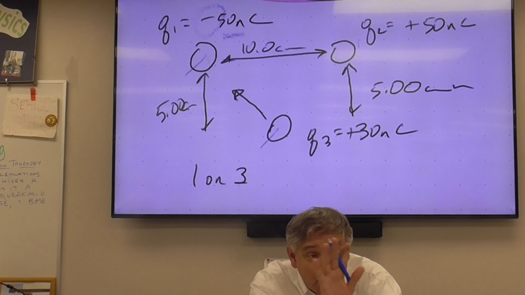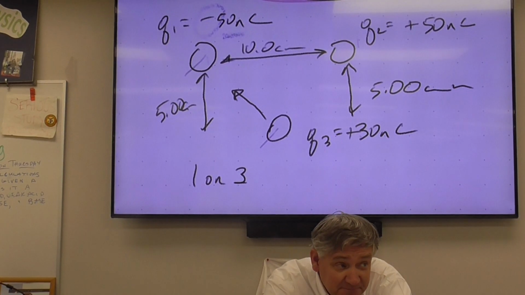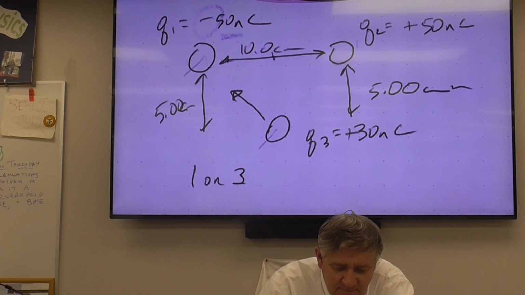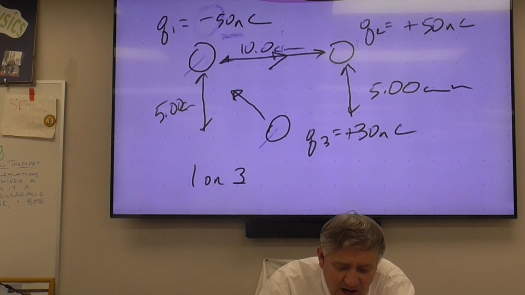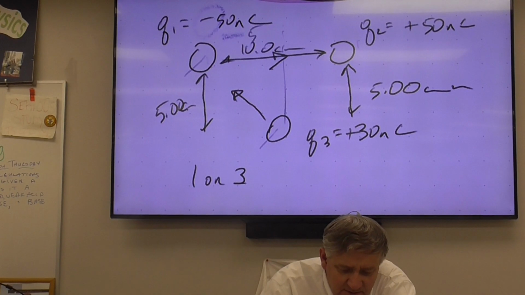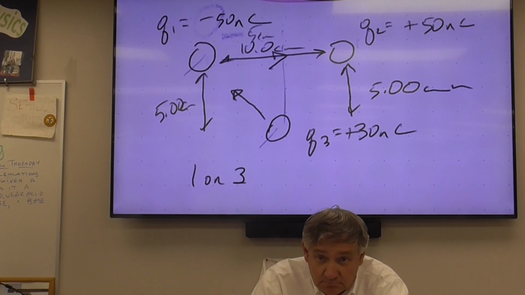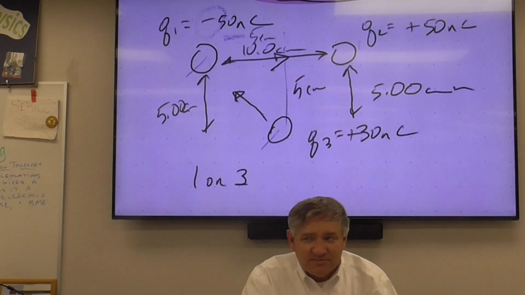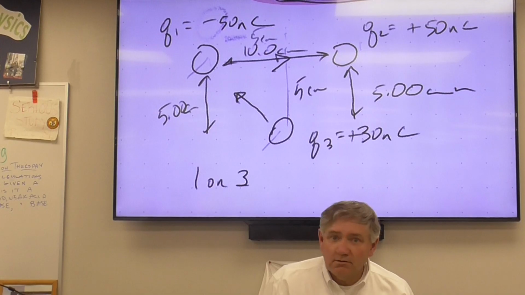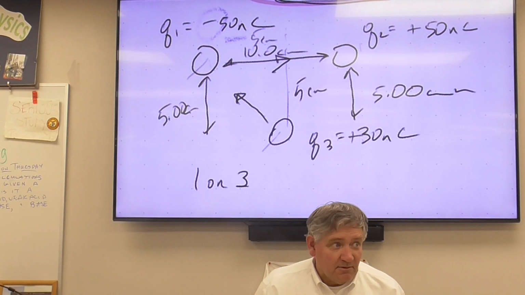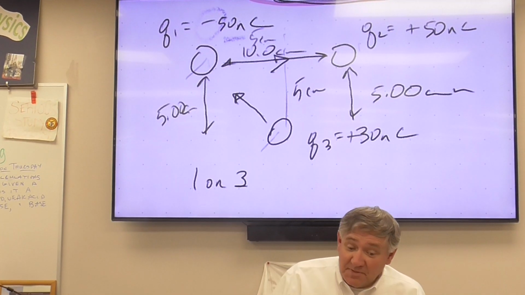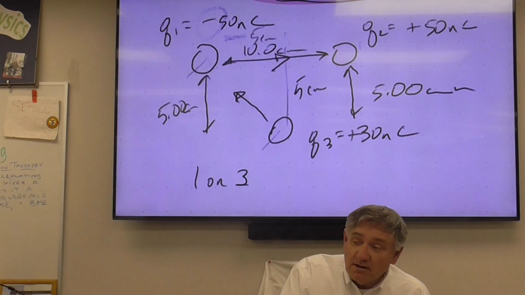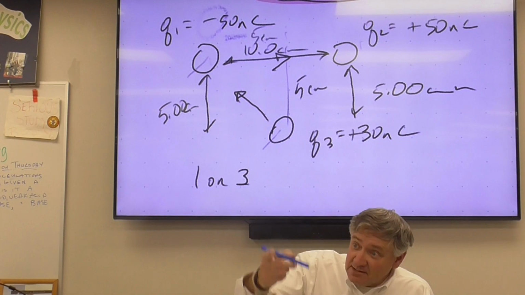So now we've got to go old school trig. I can do Pythagoras. So would this not be 5 centimeters? And this would be 5 centimeters. Otherwise known as the Pythagorean theorem, I'm going to have 5 squared plus 5 squared, and then take the square root of that.